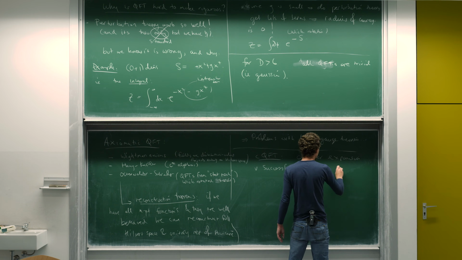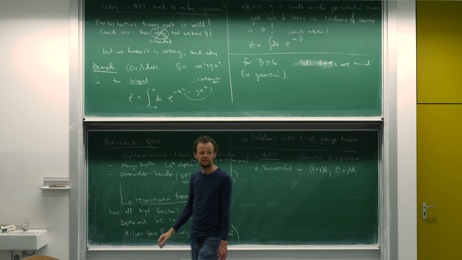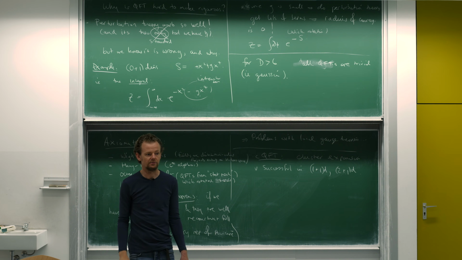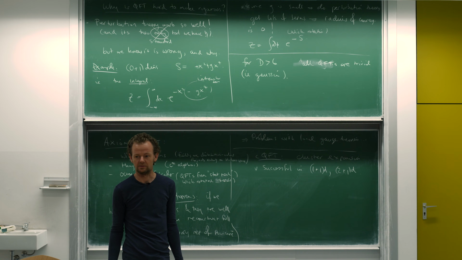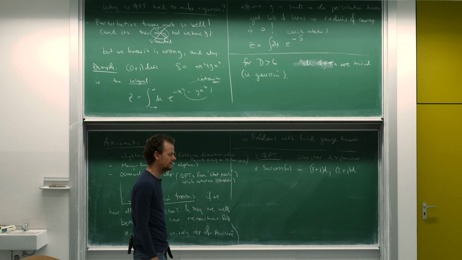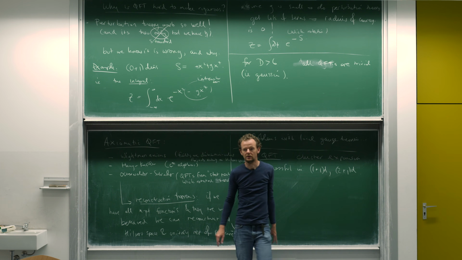In 1 plus 1 dimensions, there's some work in 2 plus 1D. But the proofs are, well, to put it mildly, a little bit intricate. Some of them reach the limits of human communication. Especially when you deal with local gauge theories.